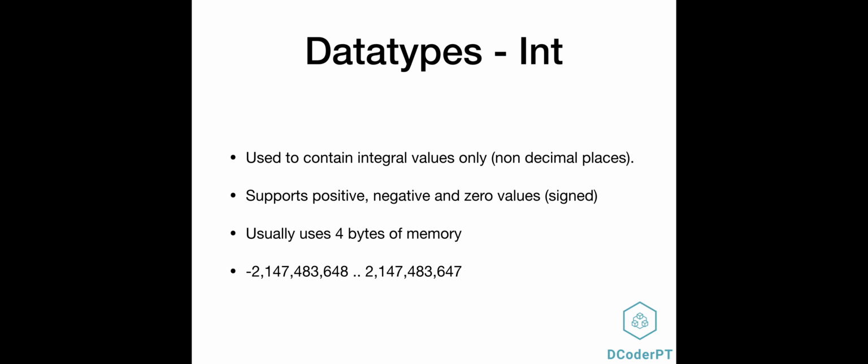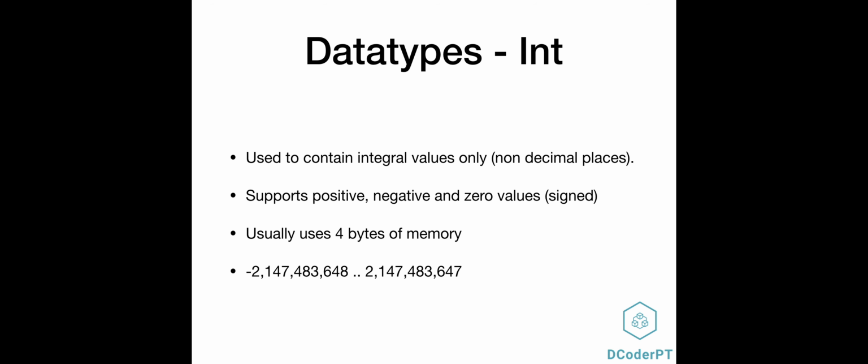The first data type that we will look at is int. An int is used to contain integral values only, so values that do not contain decimal places, and it supports positive, negative, and zero values. It's signed, in other words.